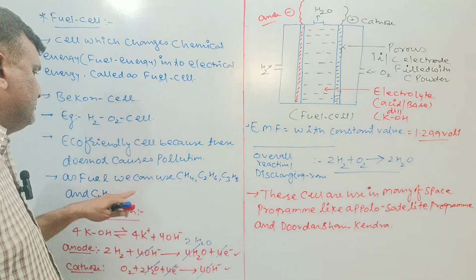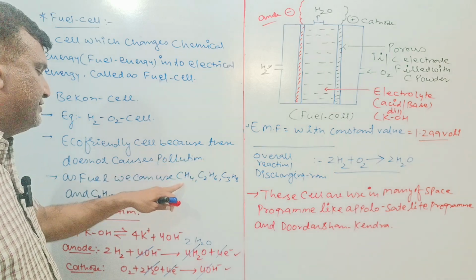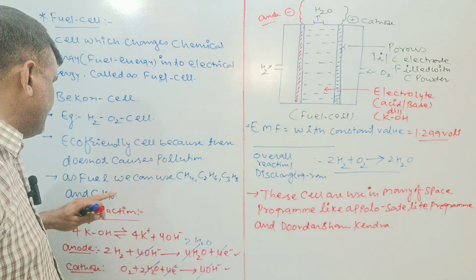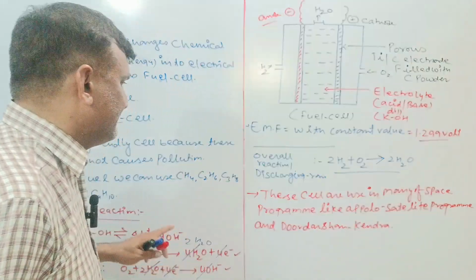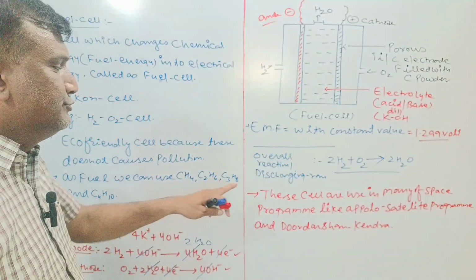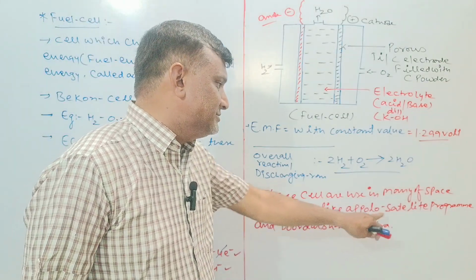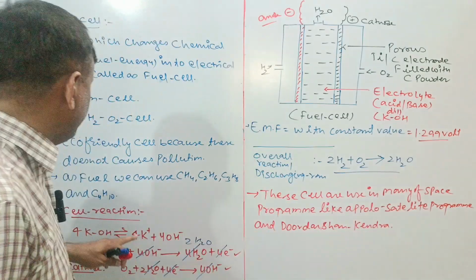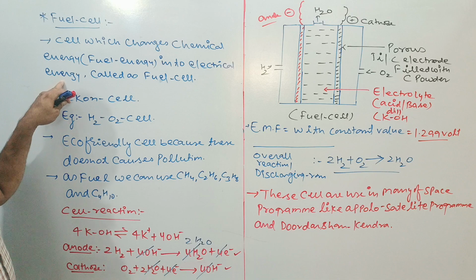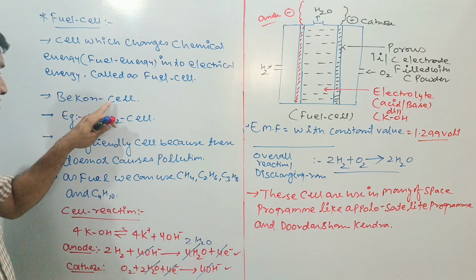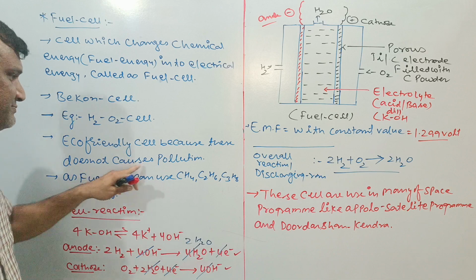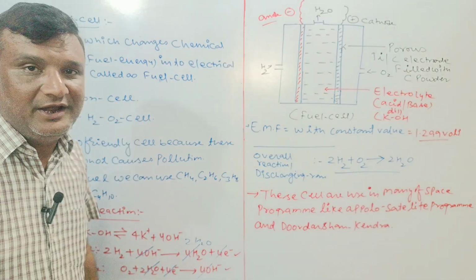Which fuel will be used in spite of just H2 and O2? Then you can say methane, ethane, propane, and butane. The EMF of the cell, that is 1.299 volt. Use of the cell in Apollo satellite program and Doordarshan Kendra also. It changes fuel energy to electrical energy, is also called Becquerel cell, and does not cause pollution. These are the important points regarding the cell.